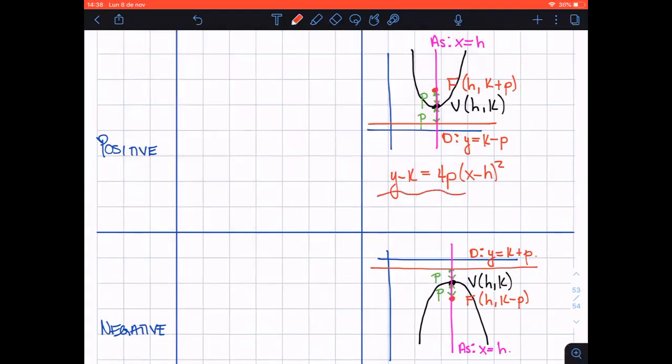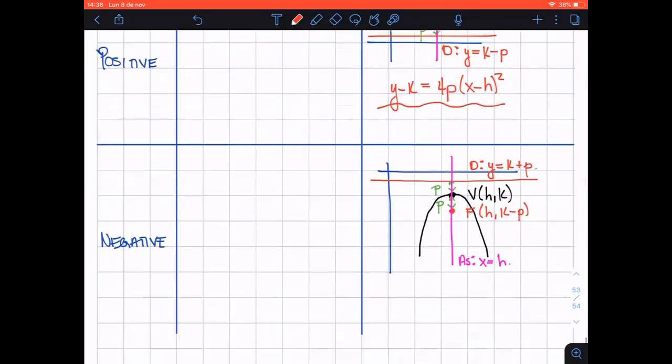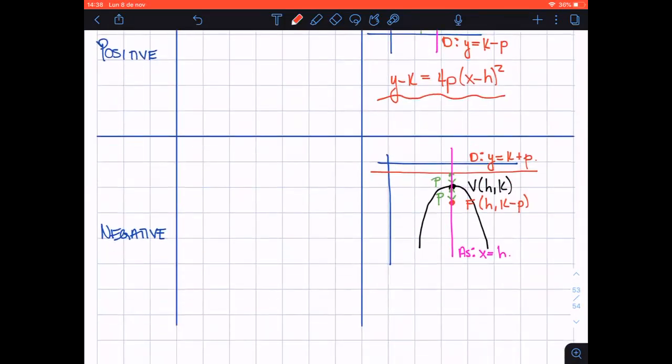Well, if the first one had this form of the equation, the vertical negative will have exactly the same equation, but now will be negative. So you will have y minus k equals minus 4p times x minus h squared. Great.